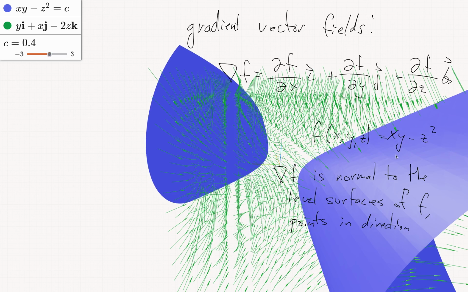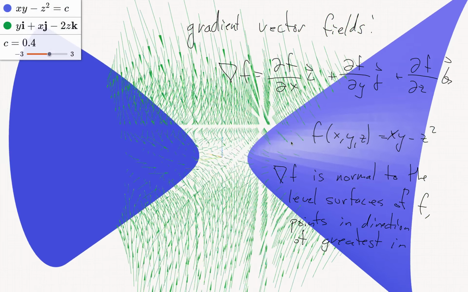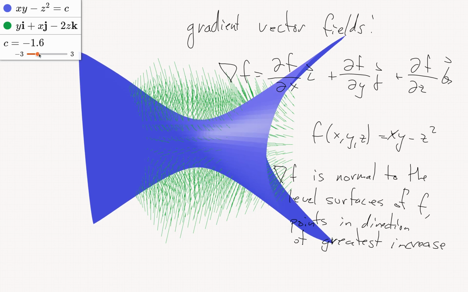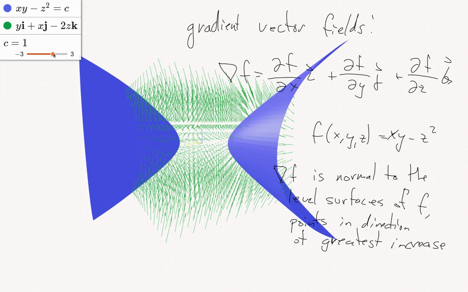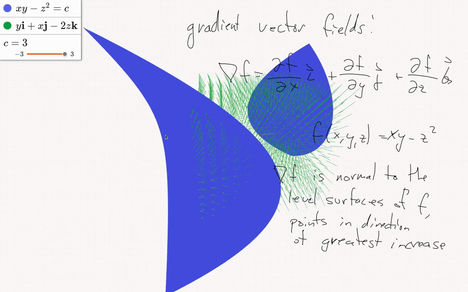The fact that the gradient is pointing in the direction of greatest increase is sort of equivalent to saying that when you increase the value of c, the gradient vector field is showing you the direction that the level surface will evolve.